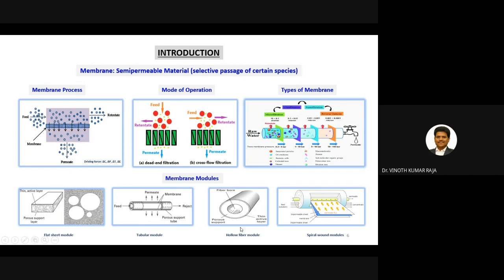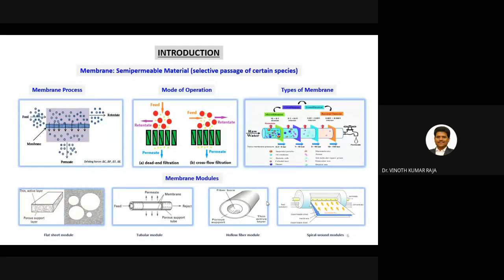In the spiral wound model, the two membrane sheets are separated by a mesh-like spacer with the active sides facing away. The edges of the two membranes are glued together on three sides, and the fourth edge is open to the perforated center tube for permeate collection.